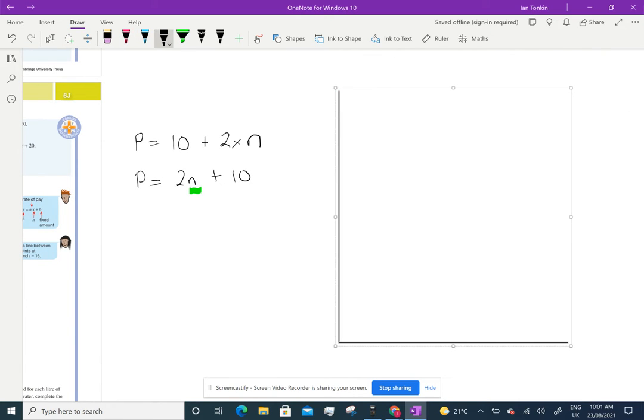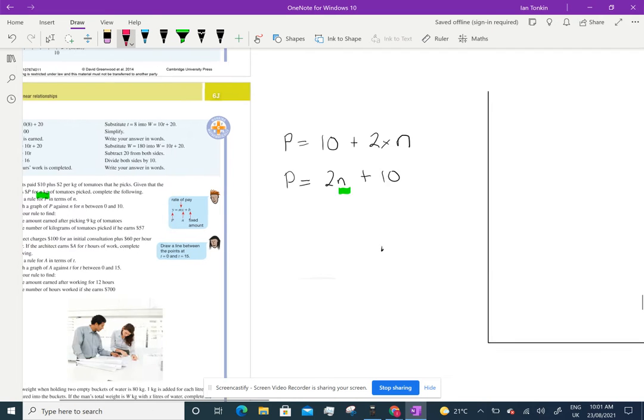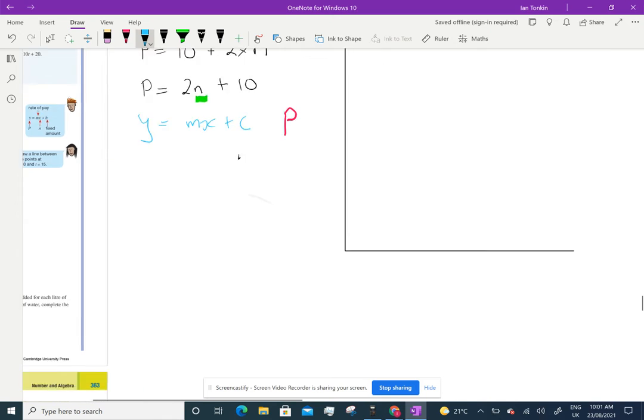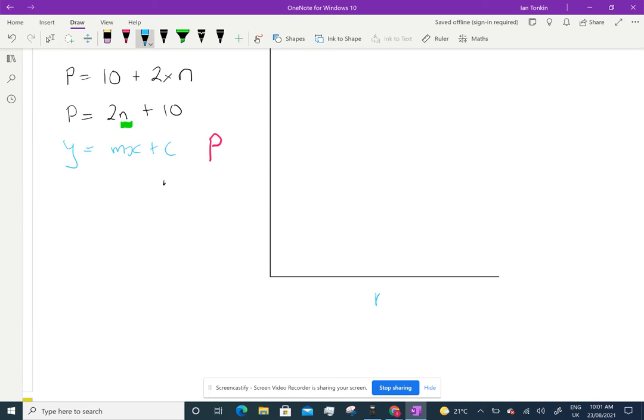They only want me to go from 0 to 10. So on this axis, I'm going to put how much they get paid. That's my y value. Remember, we're trying to write this as y equals something x plus something. So my P is going to go on that vertical axis. And down here, my n is going to go here, the number of kilos of tomatoes.